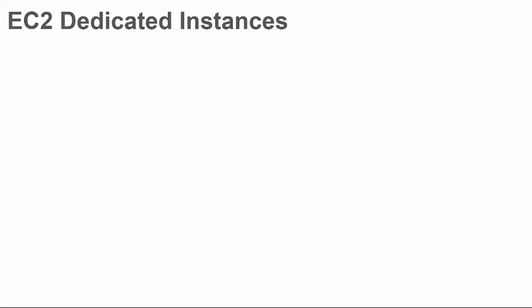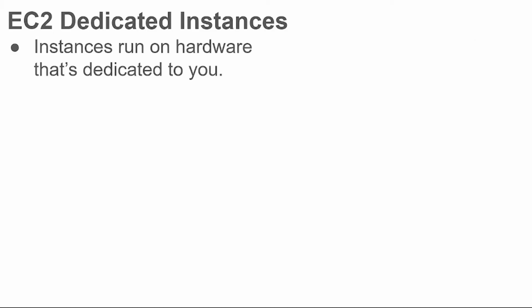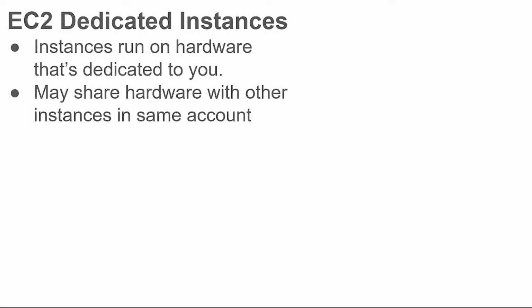Next are EC2 dedicated instances. These are instances that run on hardware that is dedicated to you only, you are not going to share it with other accounts. But you may share hardware with other instances in the same account.